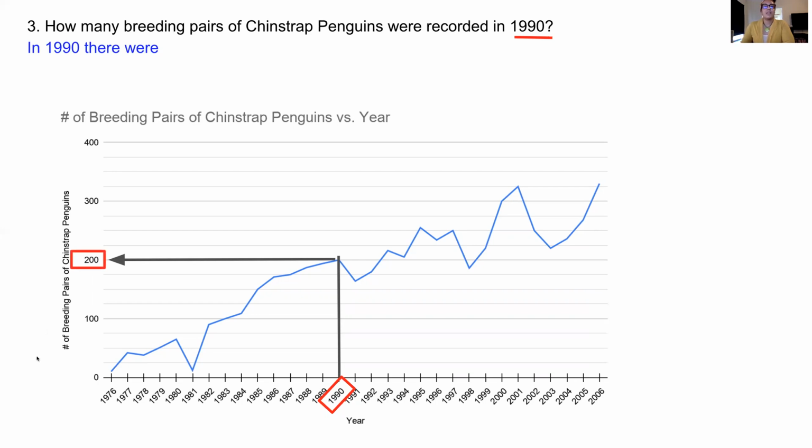Okay, so in 1990, there were 200 breeding pair of chinstrap penguins.